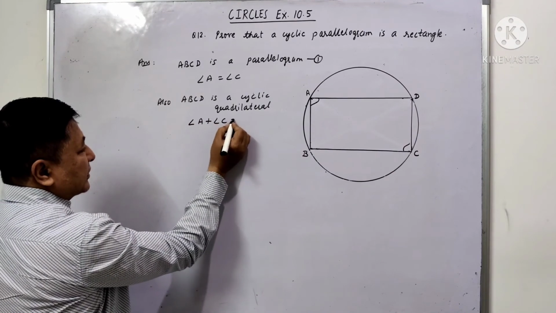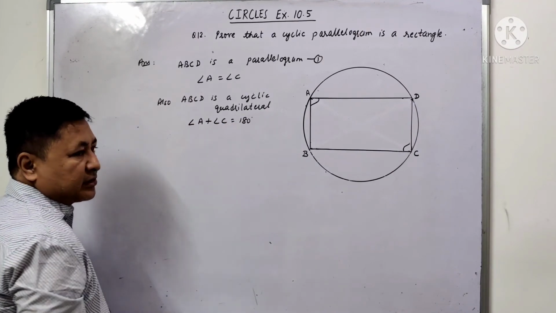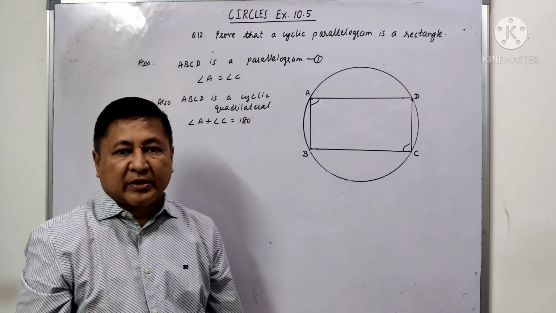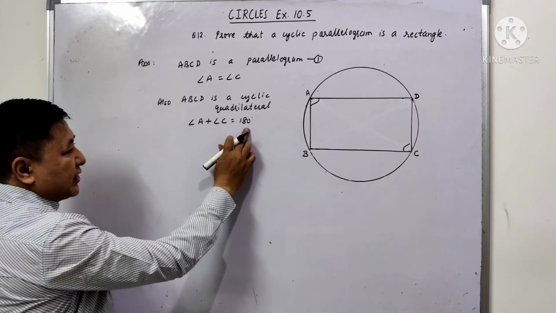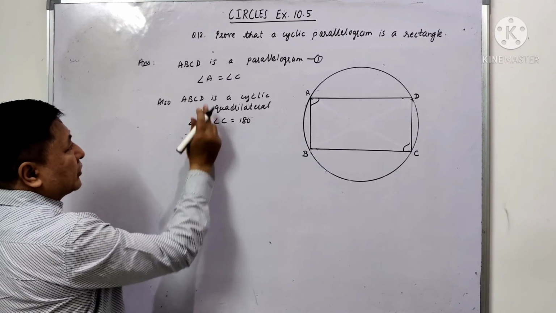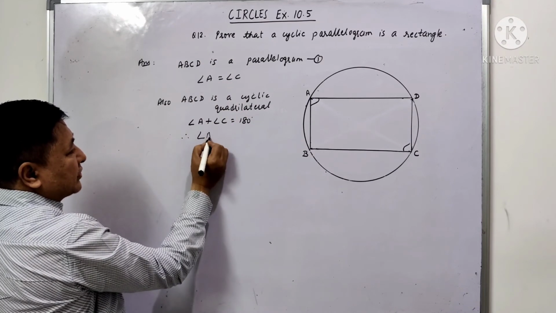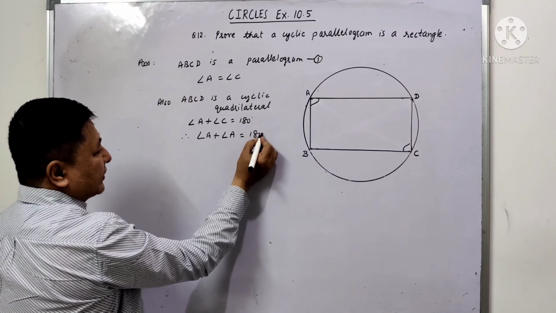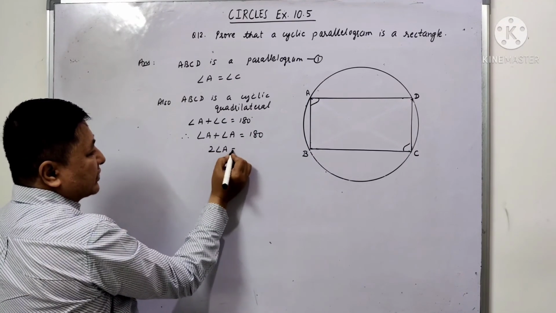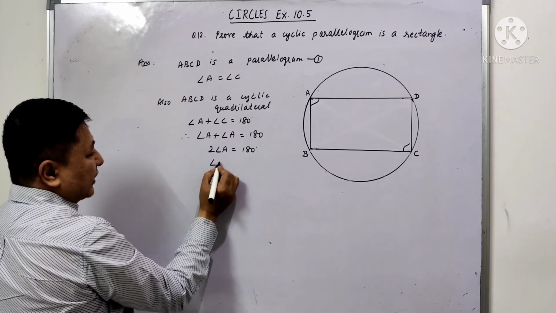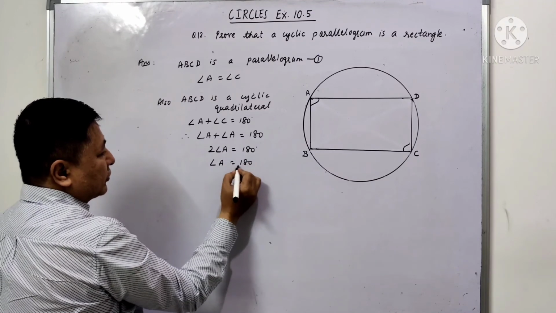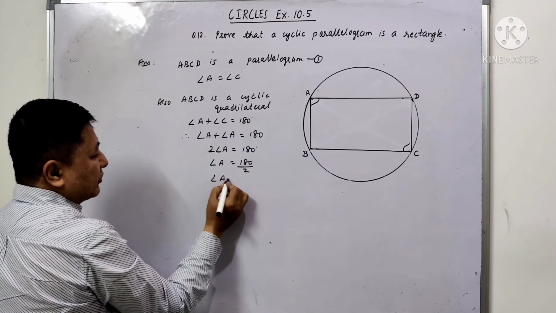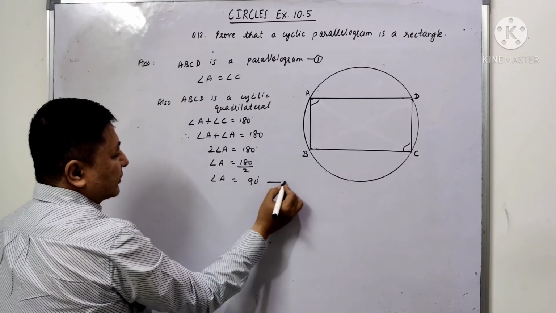The reason is the sum of opposite angles of a cyclic quadrilateral is 180 degrees. So angle A plus angle C is 180. But we know that angle A and angle C are equal. So instead of angle C, we can write angle A plus angle A is equal to 180 degrees. So twice angle A is equal to 180 degrees. So angle A is equal to 180 upon 2. So angle A will be equal to 90 degrees.